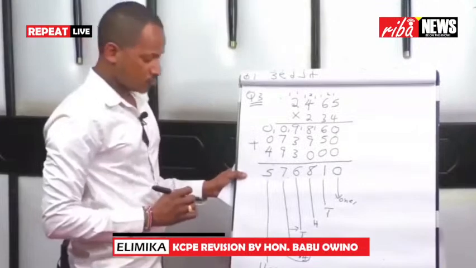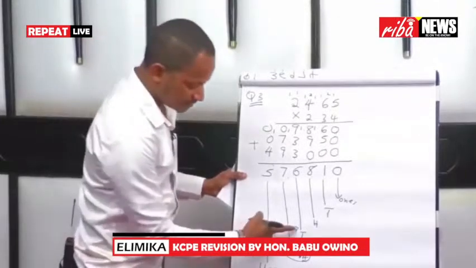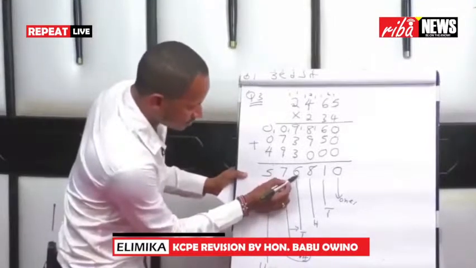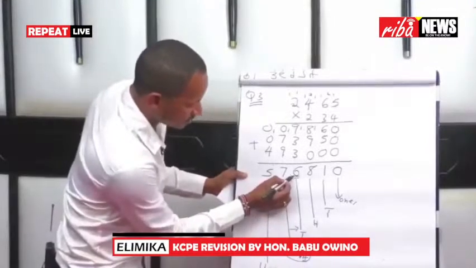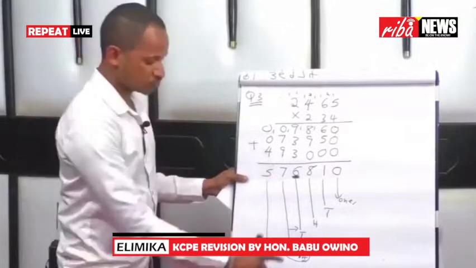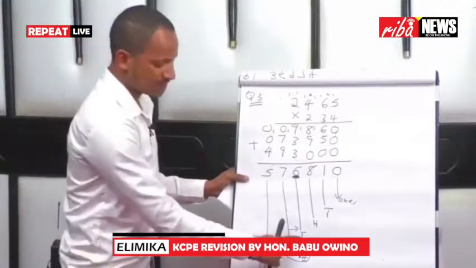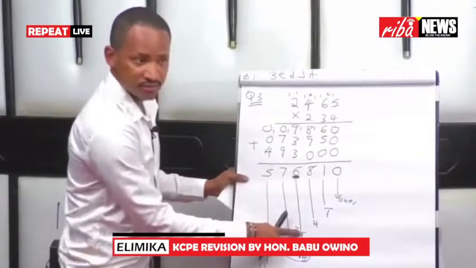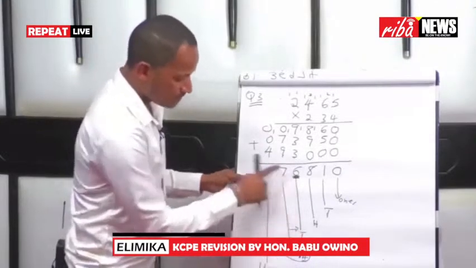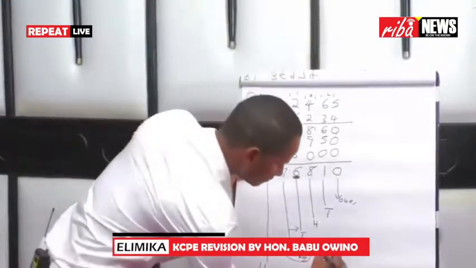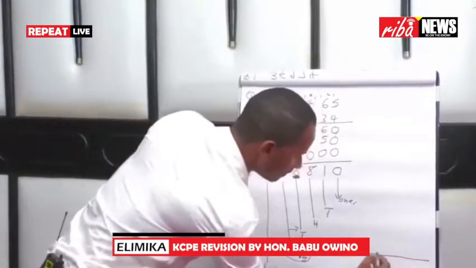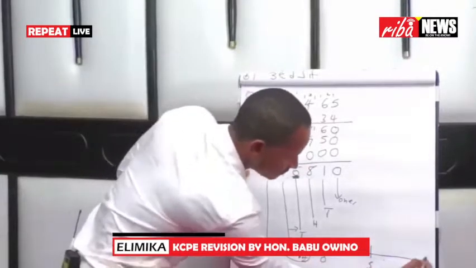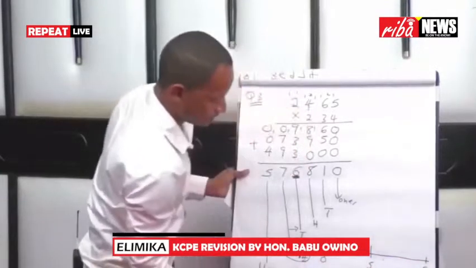Careful class, look at the next number, which is thousands. So if this number is thousands, this is our point of concentration. If you're told to round off to the nearest tens of thousands, look at the next number, which is 6 in thousands. Okay? Then this number, class, in a number line, we have 0 to 5 to 9.